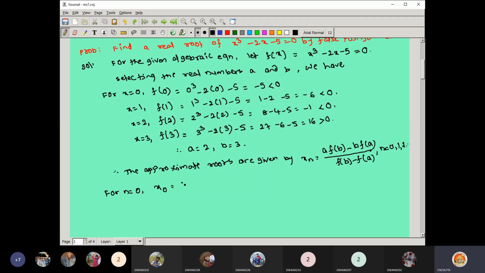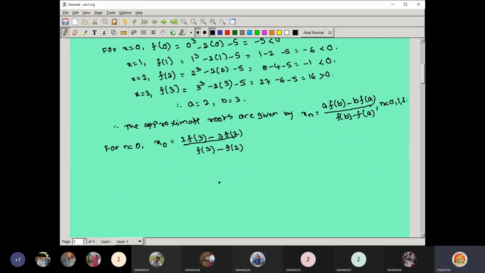So a value means 2, f of b means f of 3, minus b value 3, f of a value 2, overall divided by f of b, that means f of 3 minus f of a, f of 2. So I am substituting a and b values in your given expression.